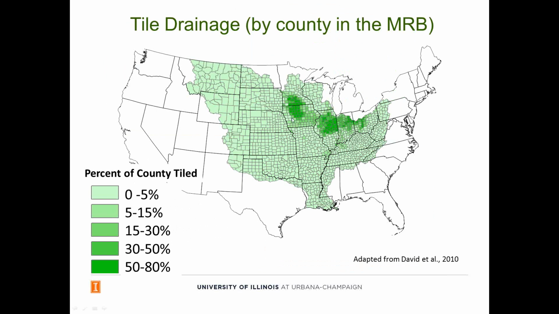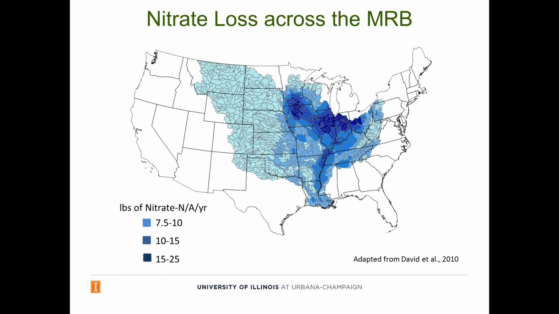And in fact, this is the Des Moines lobe of that same glaciation period, and the glaciers went right across here. So wherever the glaciers were, that's where we have the greatest installation of tiles. And it's no surprise that these are the watersheds then that export the most nitrate. And the dark blue is in the range of 15 to 25 pounds of nitrogen per acre per year.